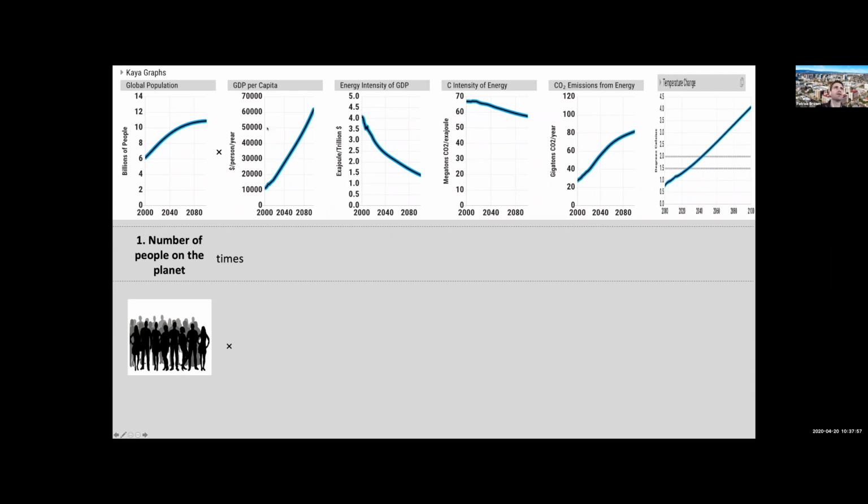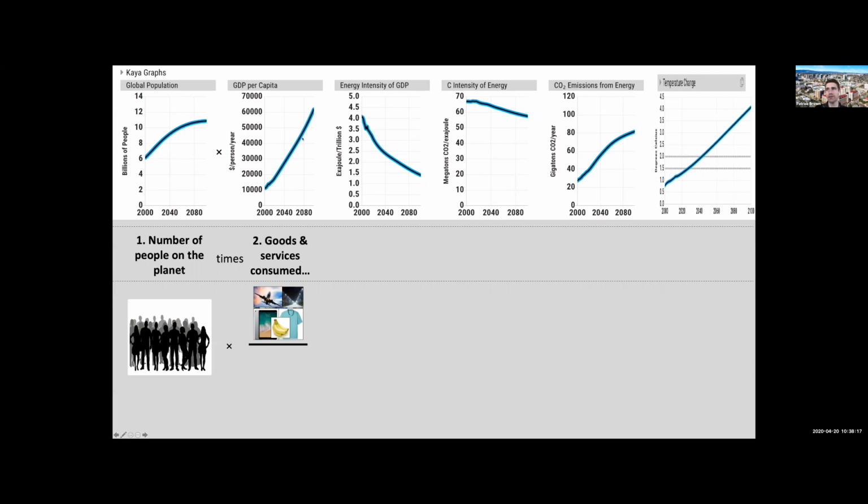And then these also have this time dimension in here too. So it's like GDP per capita, which is measured in dollars per person per year. And so people are going up, GDP per capita is expected to go up by a lot, multiplied by almost 6 times by the year 2100.